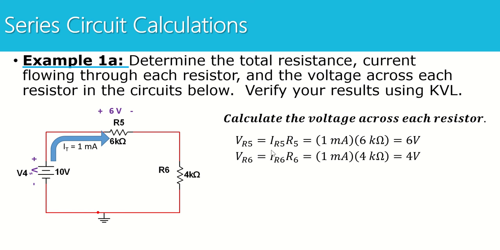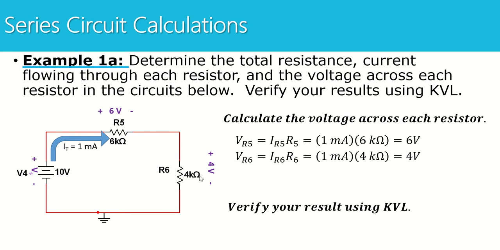Then you say to yourself, well, how do I know what the current is for resistor 6? And then based off of this relationship, oh, these are in series. Because these are in series, they have to have the same current, which is 1 milliamp. So then I can multiply to get 4 volts. So I have a voltage drop of 6 volts here, a voltage drop of 4 volts there.